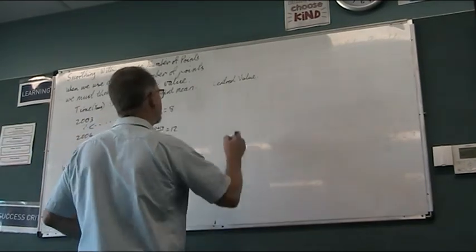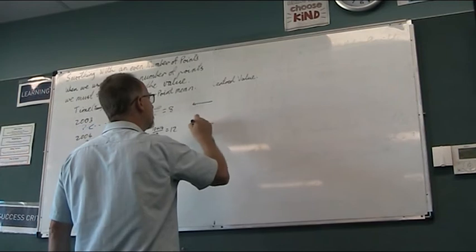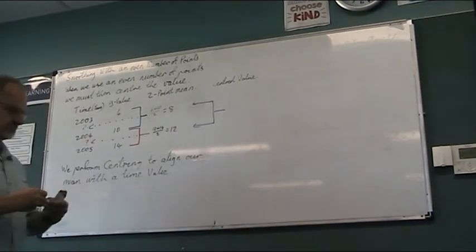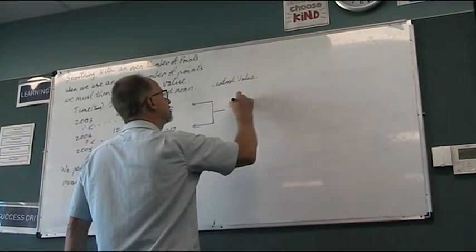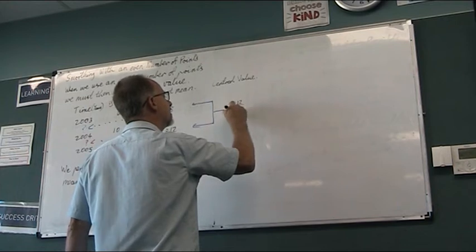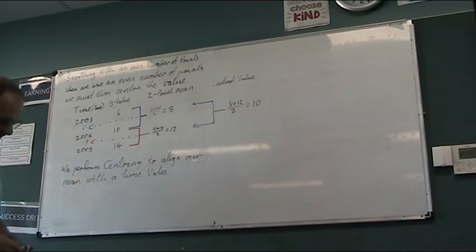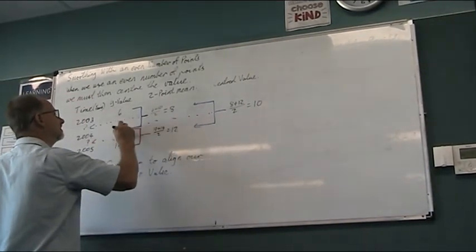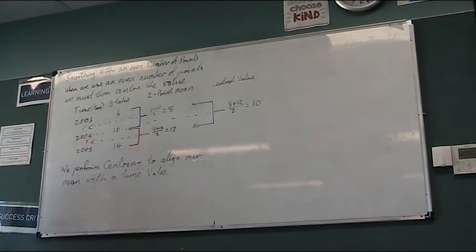So our centered value, we take this number and this number, take the mean of them, 8 plus 12, would be 20, divided by 2, so it's 10, and so now this value lines up with 2004.